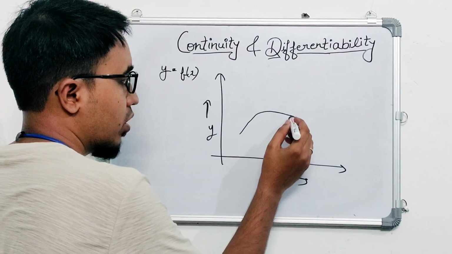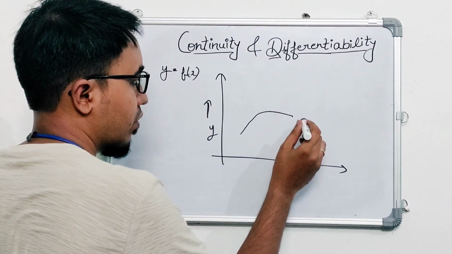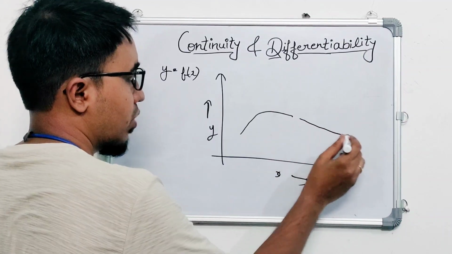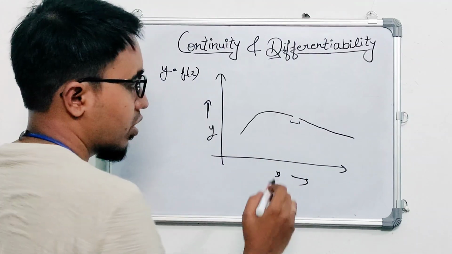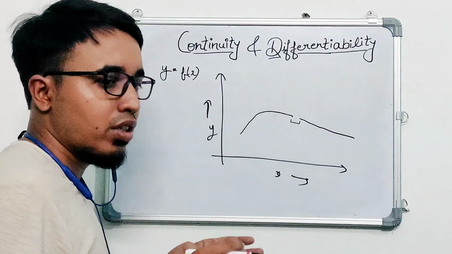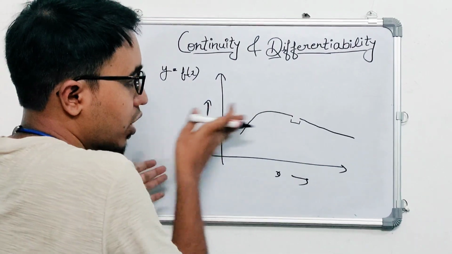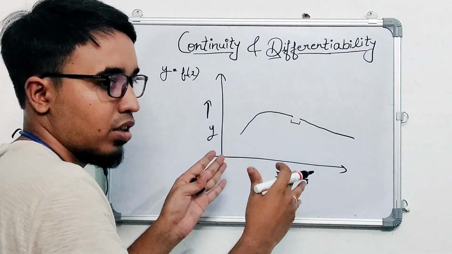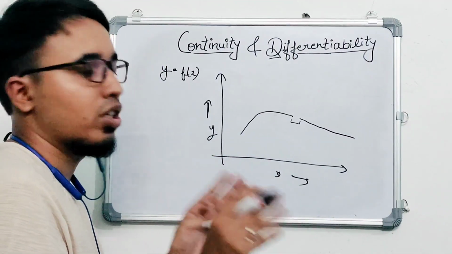Suppose I lose the contact of this pen and this board here, and again start making it from here. So in this area it is discontinuous. Continuity is simply any graph which goes on in a continuous manner. It is not breaking anywhere. If a graph breaks, then it would be discontinuous.